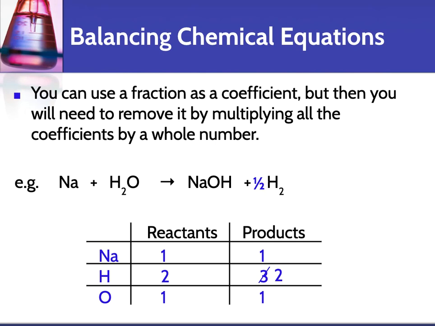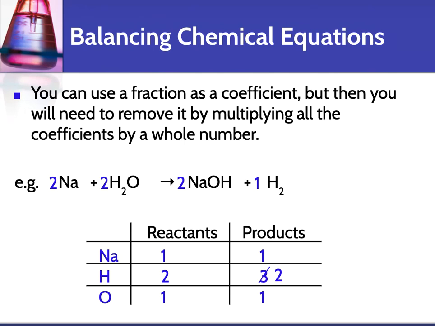We can't have fractions. So what we do is we multiply everything by a whole number that would get rid of the fraction, which is generally the denominator, which is 2. If we multiply that by 2, we have to multiply everything by 2. All of the first 3 had an invisible 1, so that becomes 2, and then a half times 2 is just a 1.